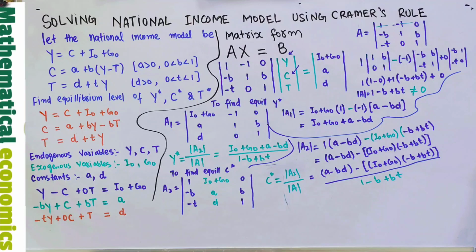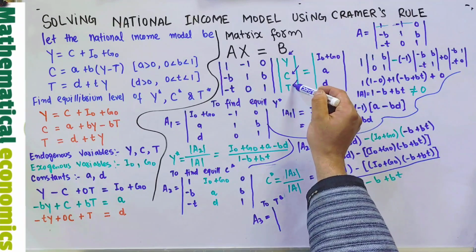Okay, now lastly we need to find the value of the equilibrium level of tax. For that, to find the equilibrium level of tax, we form a new matrix A3.